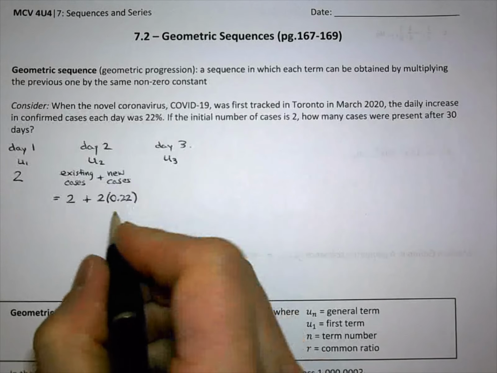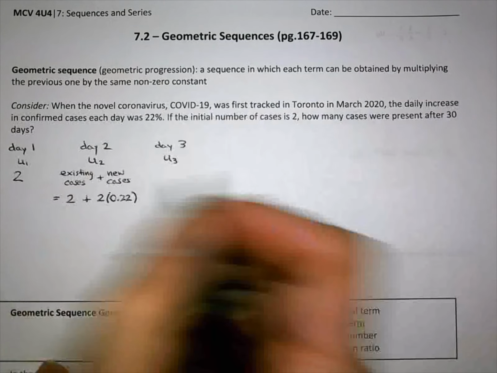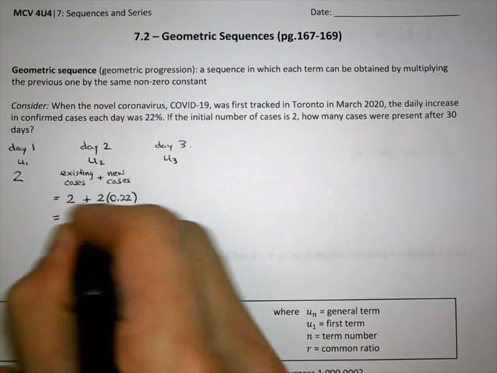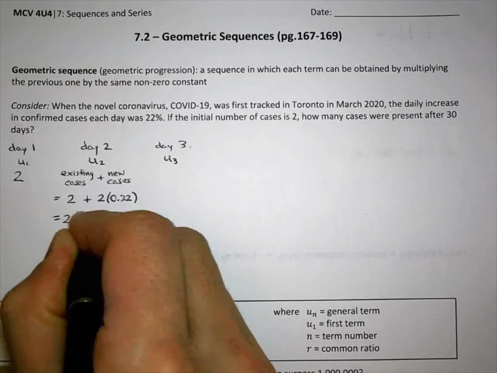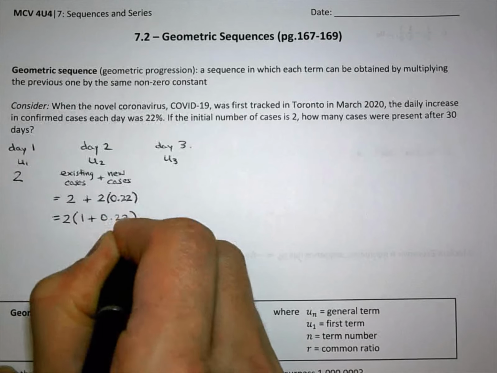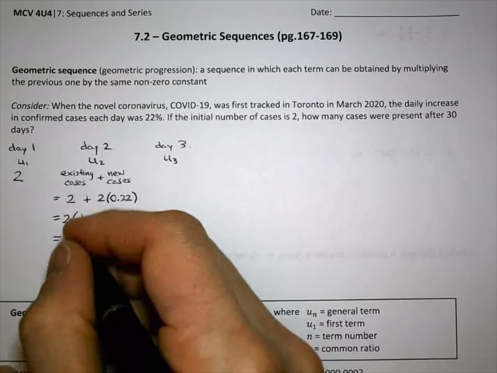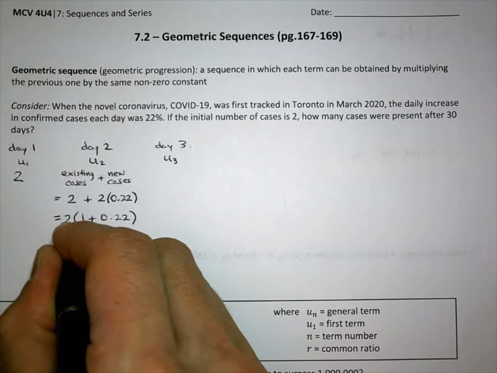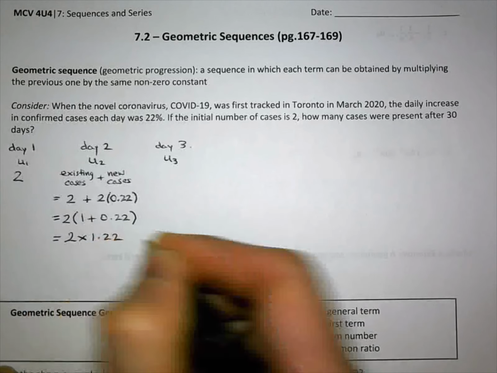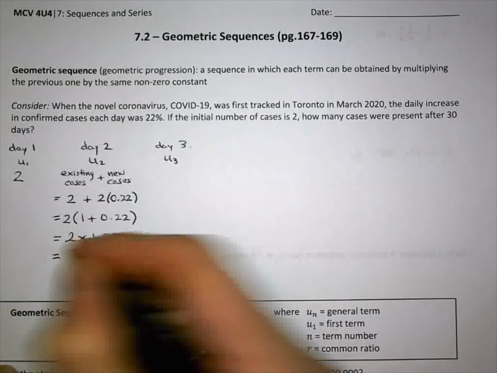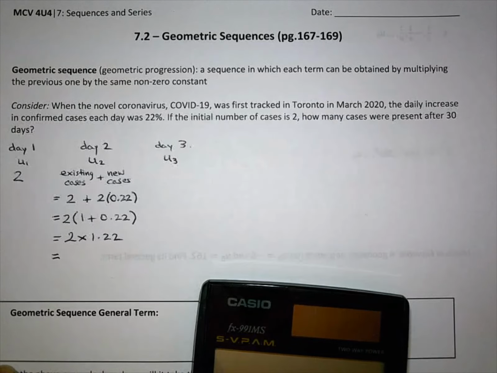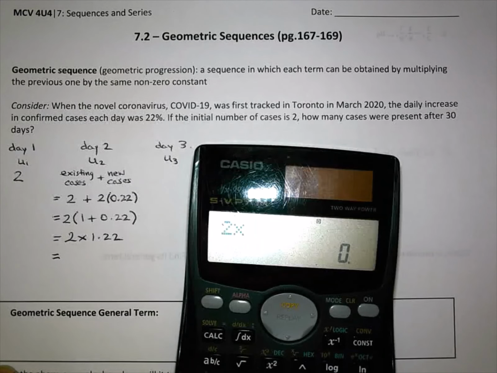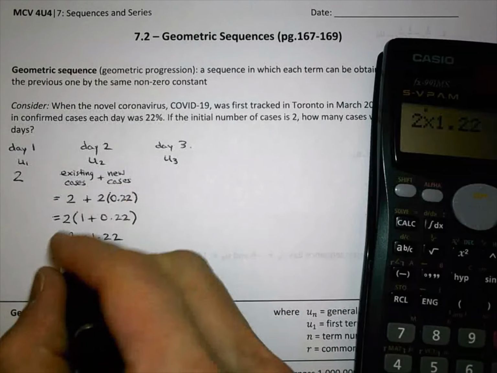Now you could just do the math straight, but I'm going to show a little trick. I'm going to factor out the 2, so I end up with 1 plus 0.22. And so really I'm taking the number 2 and multiplying it by 1.22, which gives me 2.44.